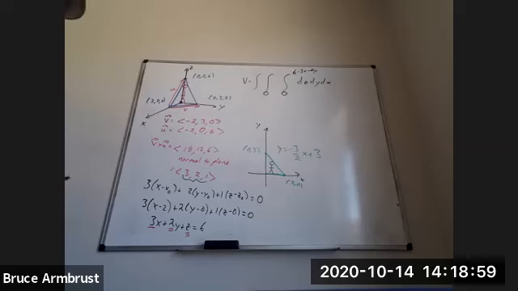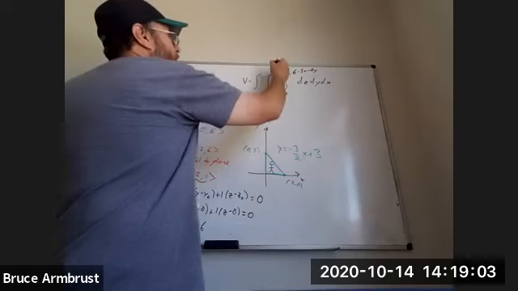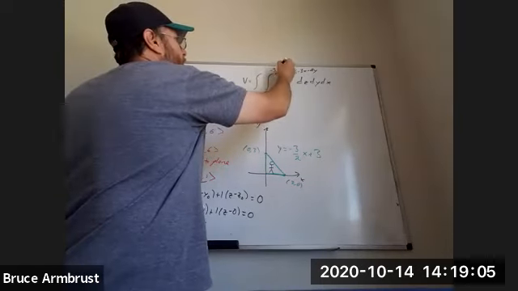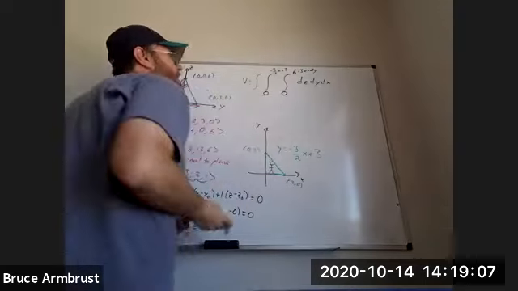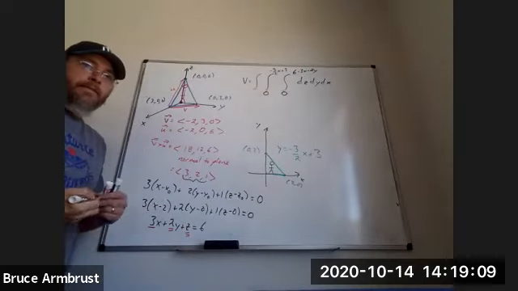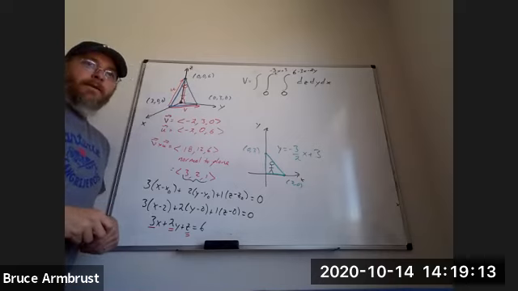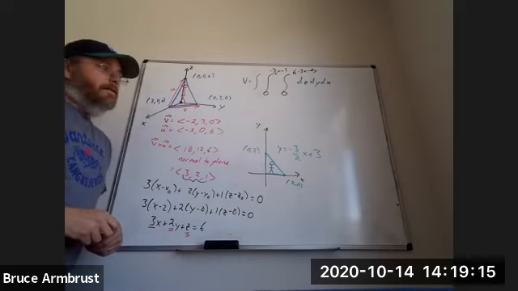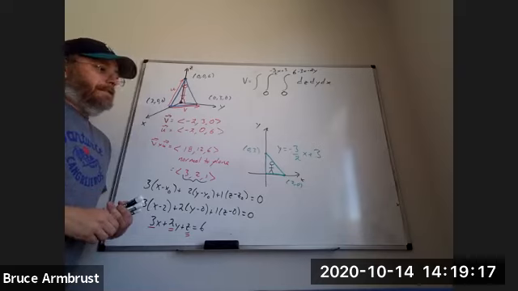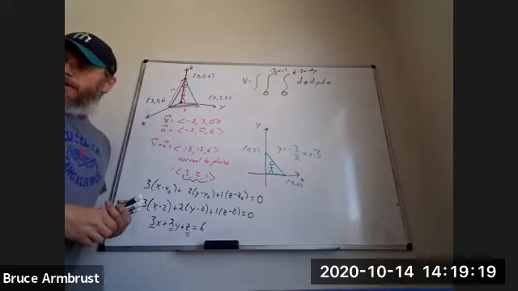So we get y equals negative 3/2 x plus 3. Okay, and then what about x's? What are the x's going to range from? 0 to 2.